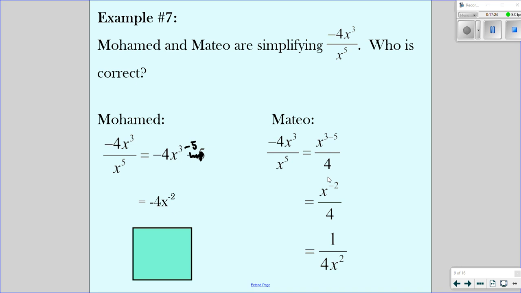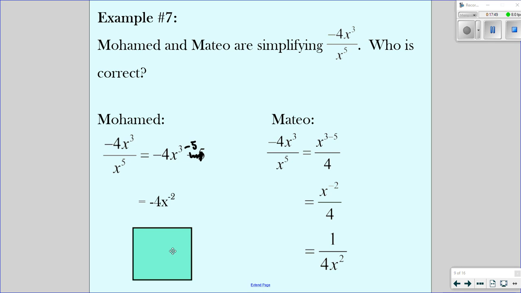So now, based on his mistake, he continued and ended up with 1 over 4x squared. But the only thing that he did right was have the x to the negative second power and then brought it down, did the reciprocal, and then made the 2 positive. But I think the mistake that he made was doing the reciprocal of negative 4, which there's no reason for him to do.